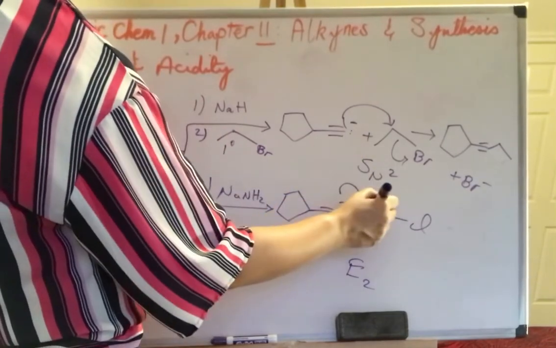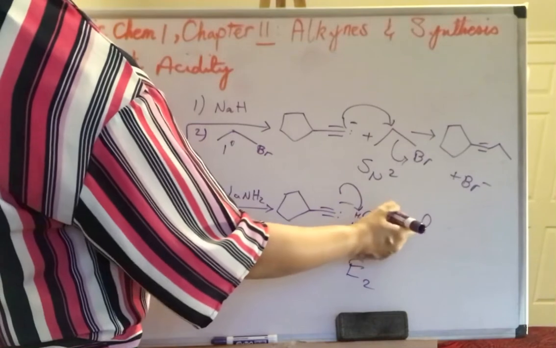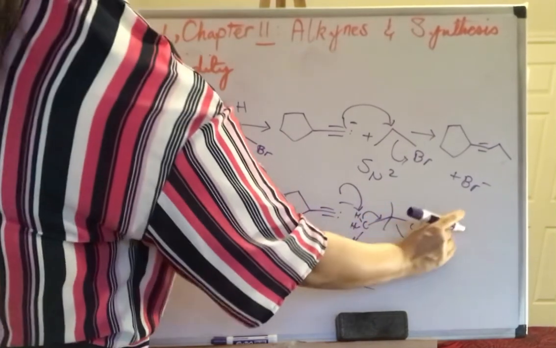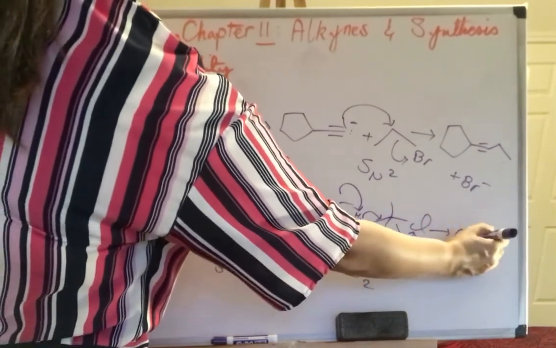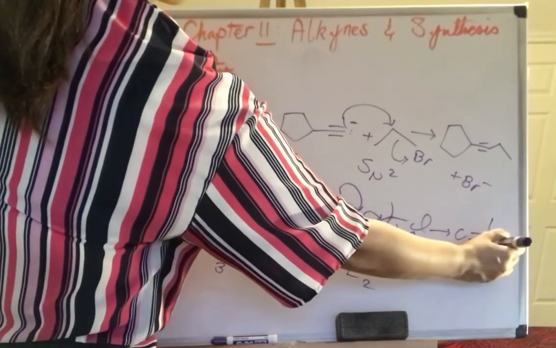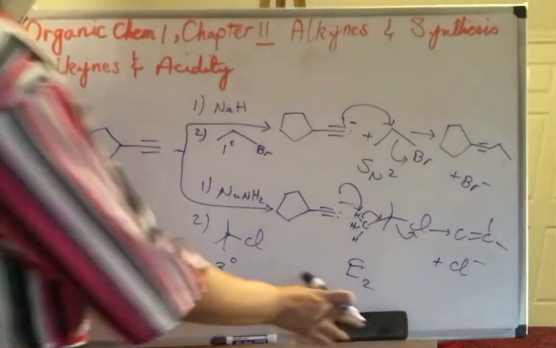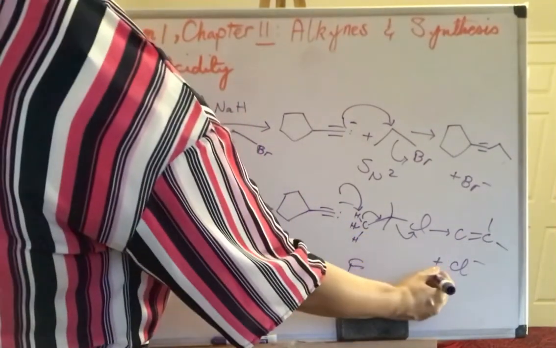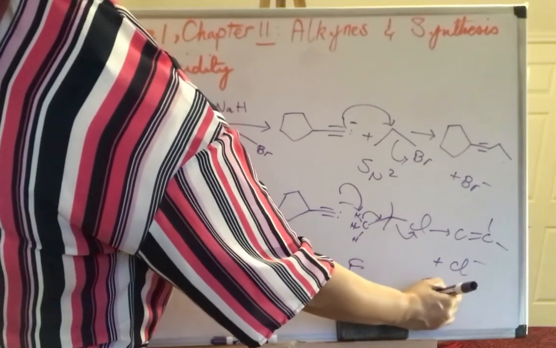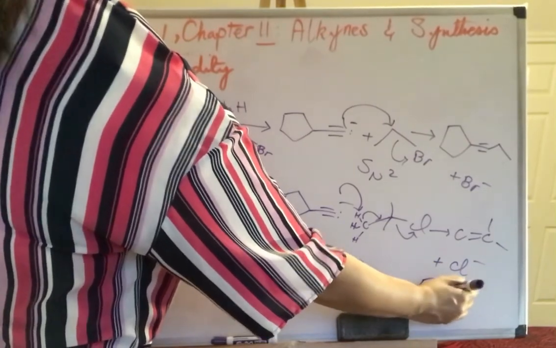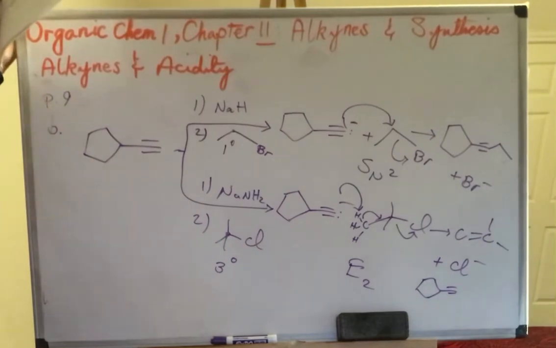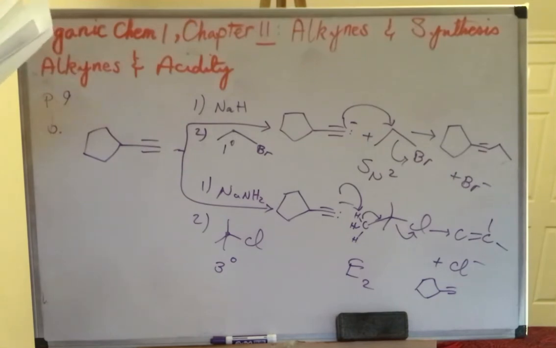Hydrogen is grabbed, the electrons go between carbons, and chlorine leaves. So you will have plus. Okay. Now you have a different product, which is an E2 product. Okay, they're the same. The rest of the practices are on this page.